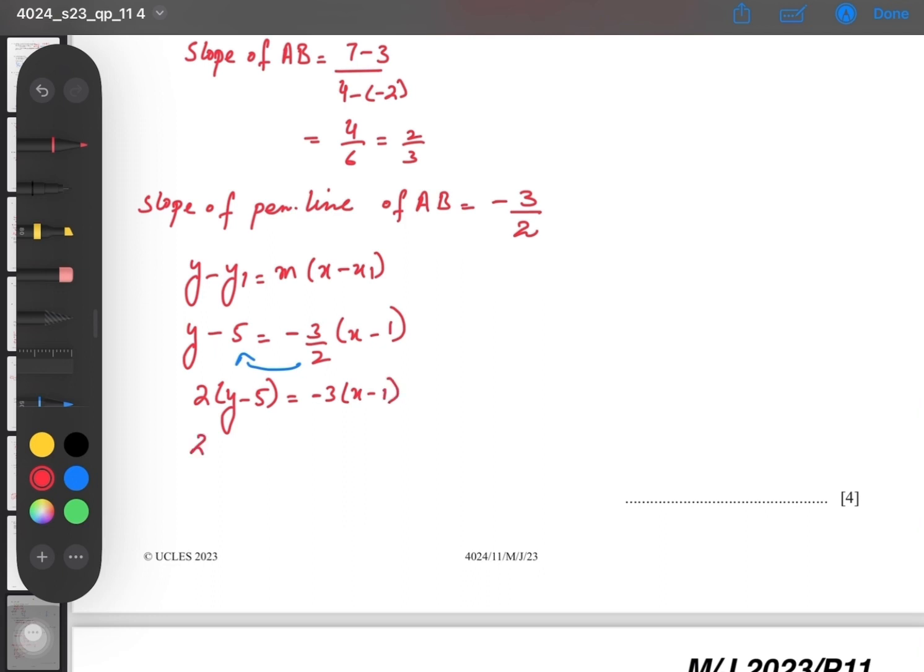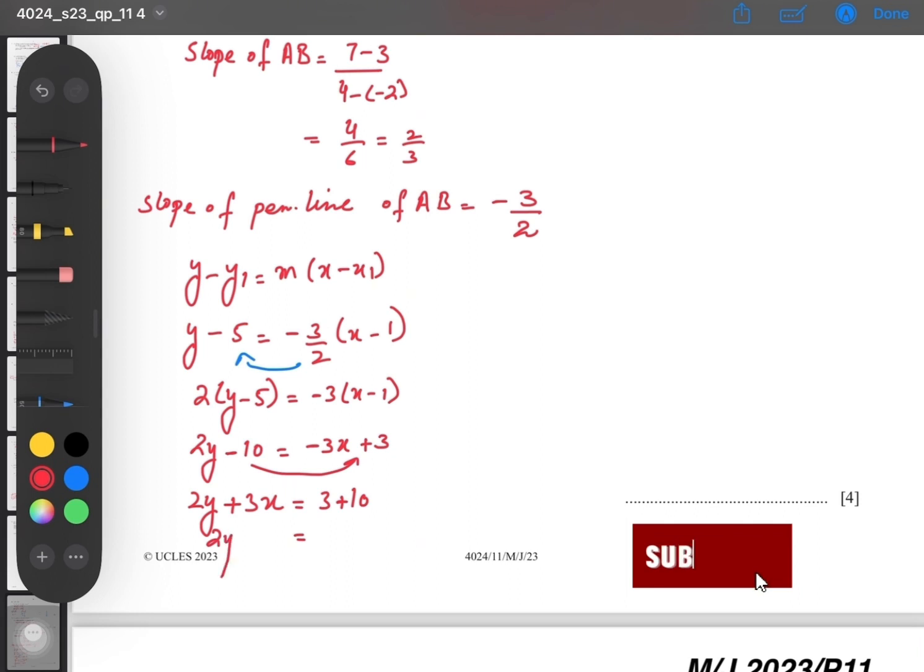So I'm going to expand, that is 2y minus 10 equals minus 3x plus 3. So if I further simplify it, I'll move minus 3x on the left side and 10 on right side. So it is 3 plus 10. So equation will be 2y plus 3x is equal to 13.